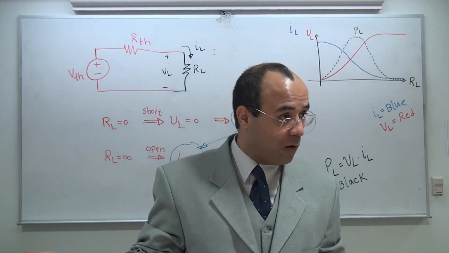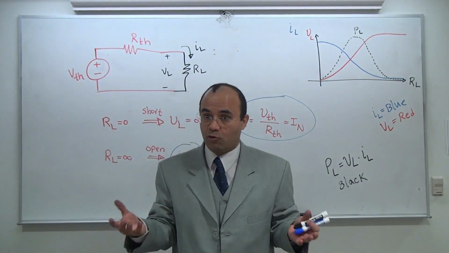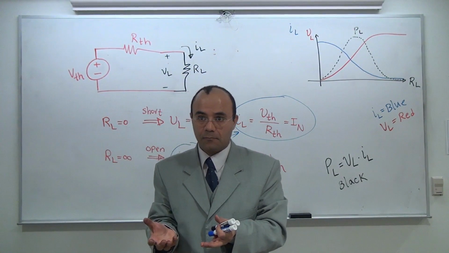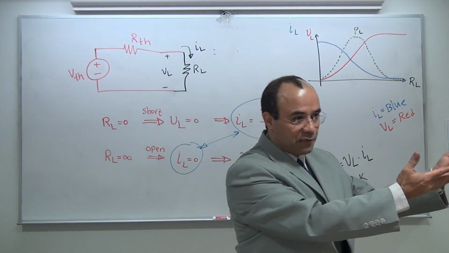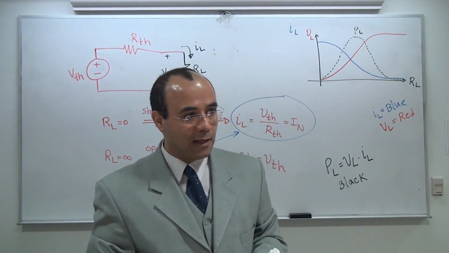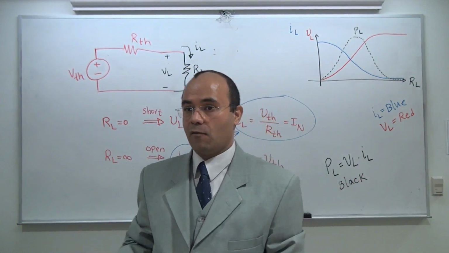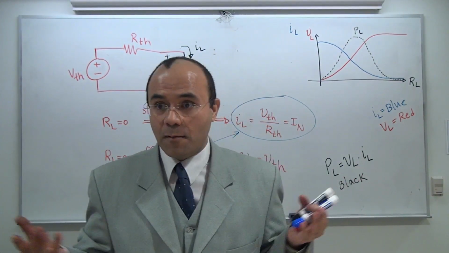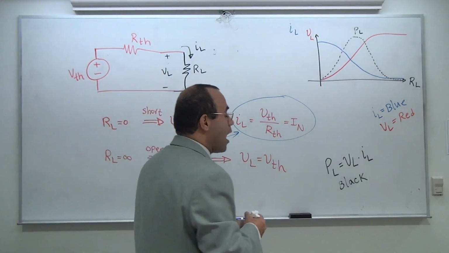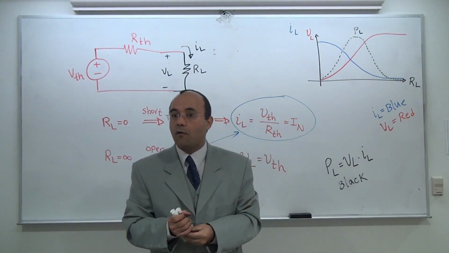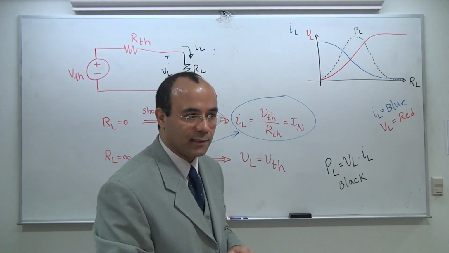In Niagara Falls, I went through a huge cost to generate this. Then if I want to transfer this to somewhere else, and I lose this energy in between Niagara Falls and Toronto, I'm actually losing money. So I don't want to lose the power. I want to have the maximum power transfer to it.